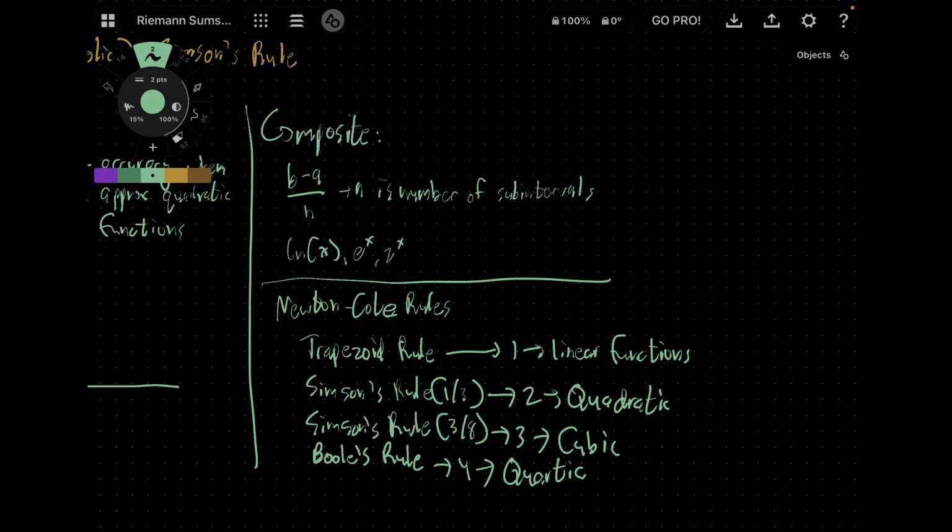So Simpson's 1/3 rule would be described by interpolating a quadratic function, and so on and so forth. But since we do not have knowledge of integration, this will not really be necessary for now, and I will include a derivation video in the future when we've covered integration.